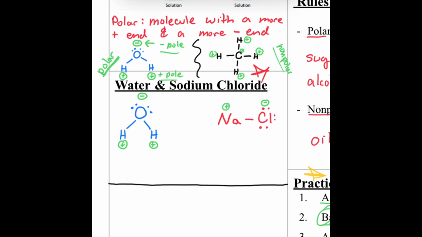So when we drop this solid sodium chloride into water, what happens is there's some attraction here, right? The negative end of water is going to be attracted to that sodium, and the positive end of water is going to be attracted to that chlorine, right? Because we know that oppositely charged ions attract one another. And because of that, the attraction is so strong that it's actually going to break this bond.